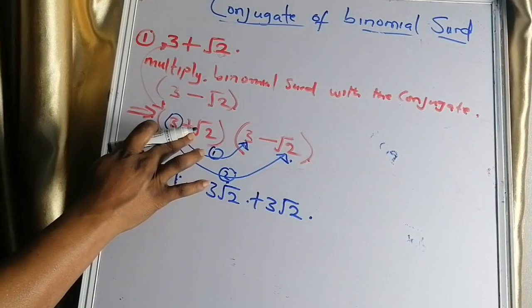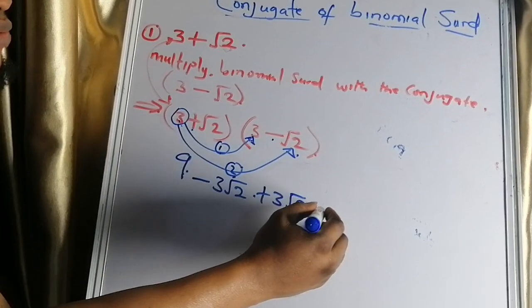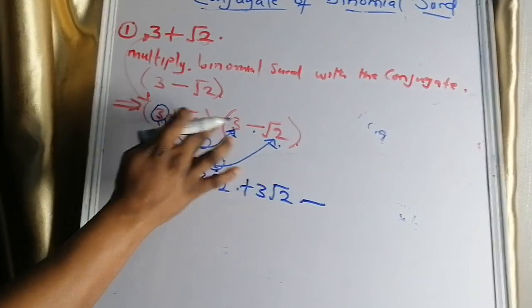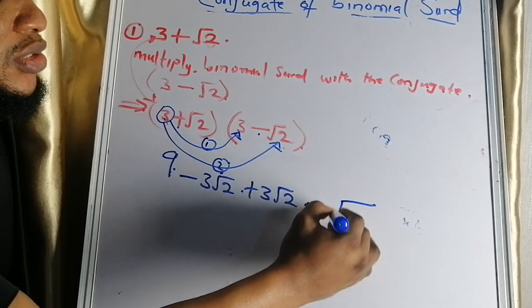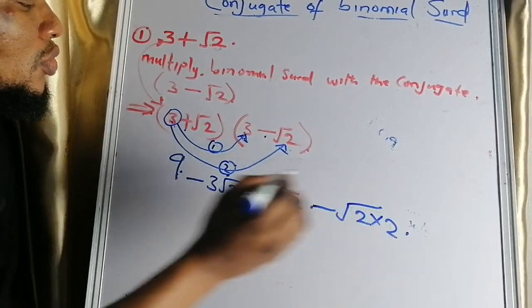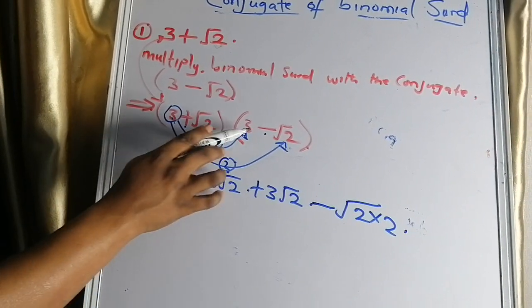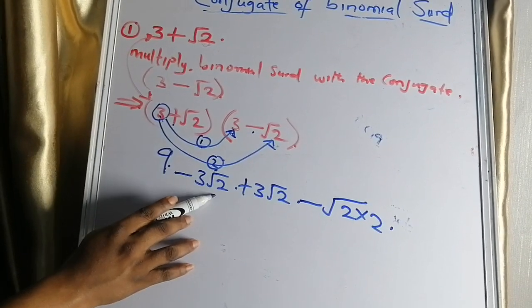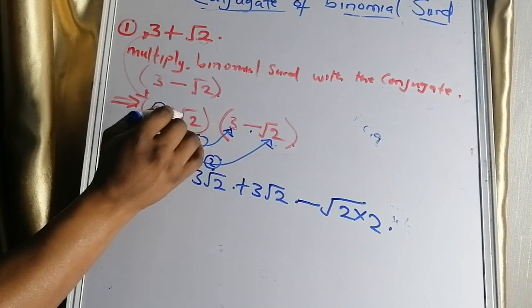So now look at this very well. Plus times minus will give us minus. Multiplication: pick one root and multiply it with one in the bracket. Step 1: 3 times 3 is 9. Step 2: 3 times minus root 2 gives minus 3 root 2.